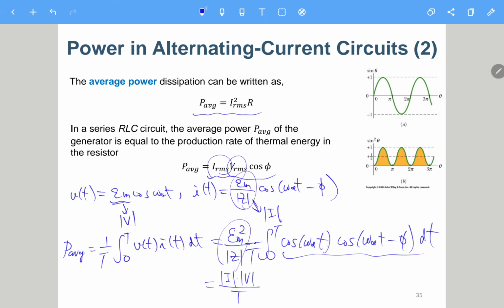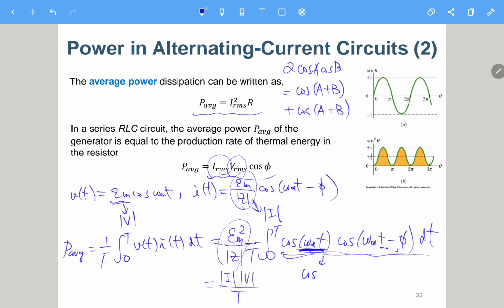When you learn trigonometry, you know cosine A cosine B: 2 cosine A cosine B equals cosine of A plus B plus cosine of A minus B. So if you add these two together, you will have 2 omega t plus or minus phi, and you integrate it to be 0.